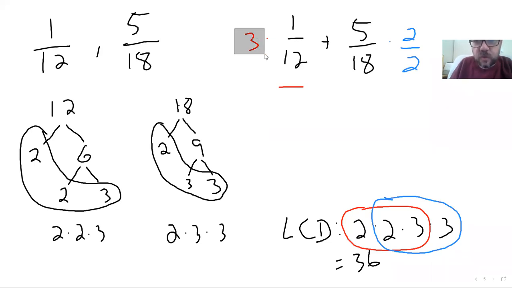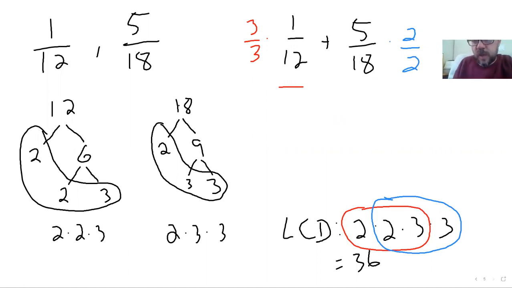Sorry, Zoom's a little awkward here. Okay, so my 3/3. This should have been 3/3 from the beginning. Right, so I'm multiplying by whatever I'm missing for my least common denominator.